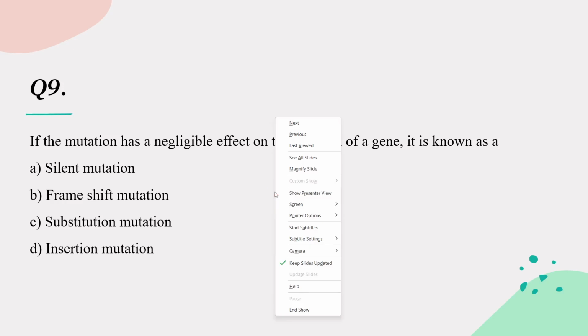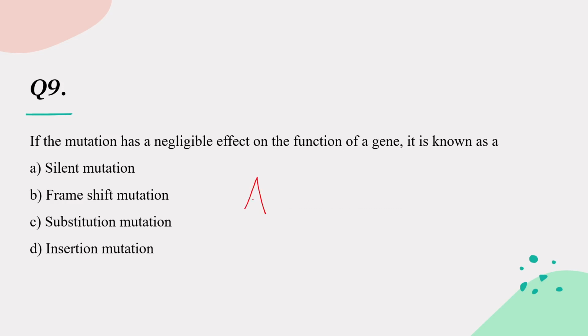If I write AUG, I think everyone knows this triplet genetic code. AUG stands for methionine.